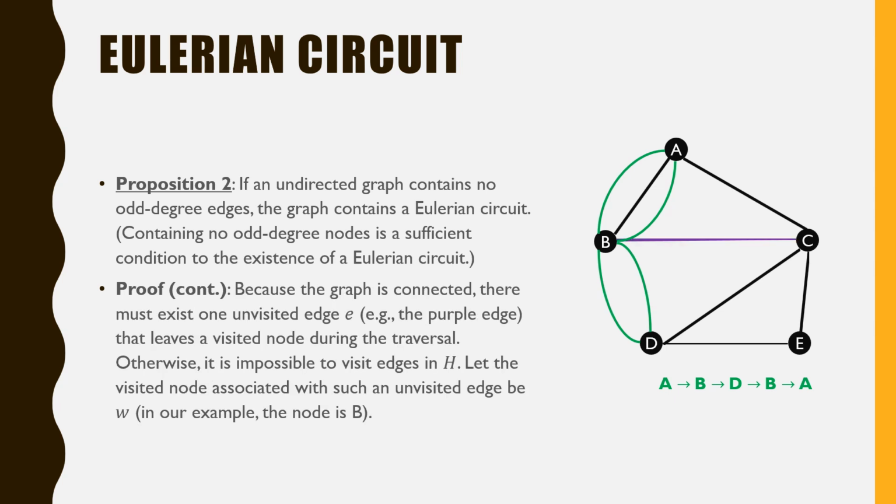Recall that the Eulerian path and circuit problems are only well defined on connected graphs, where all edges in the graph are in the same connected component. Because of this, if there are still unvisited edges remaining, there must exist at least one such edge, denoted as E, that connects to a node W which has been visited during the initial traversal.